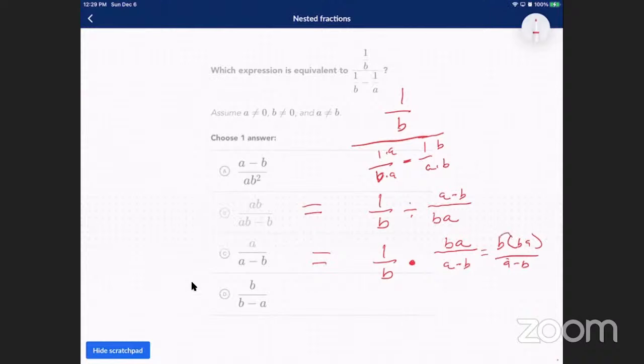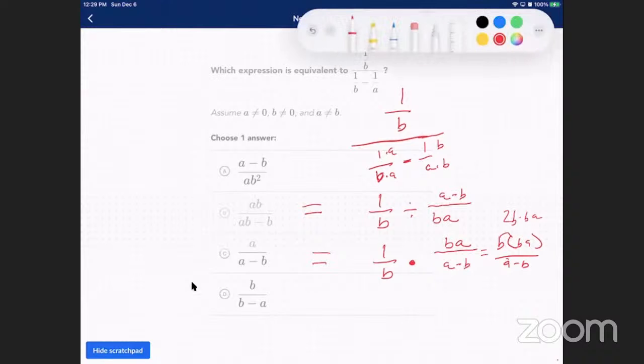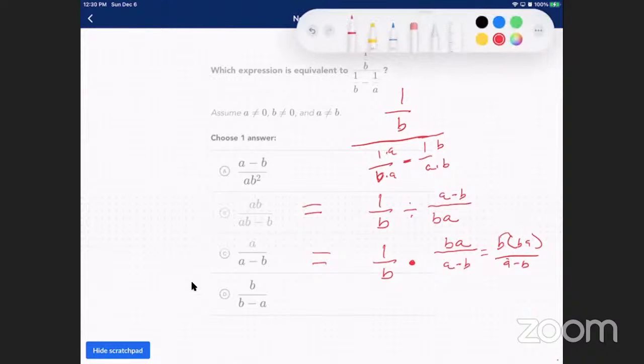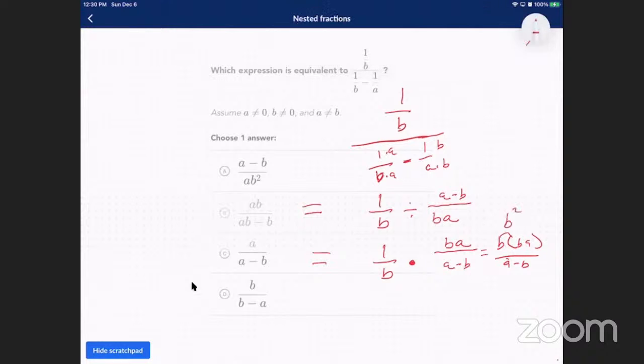You can get 2b times ba, and then you have 2b minus a. Or not 2b, you have b squared. It's not b squared. And then you have ba. So where is ba? Where is b squared times a at all?